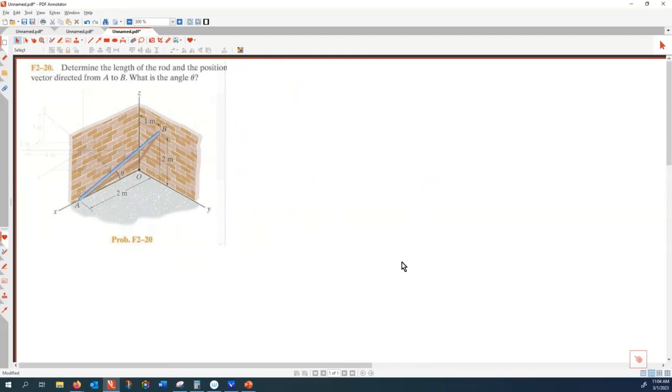Okay, so here the problem not only wants you to find the position vector of AB, it also wants you to find the angle theta. So anyone can tell me how do we find theta? Well, that's one way of doing it. You need to make a triangle, don't you? First, you have to project AB on that plane, and then whatever the projection is.